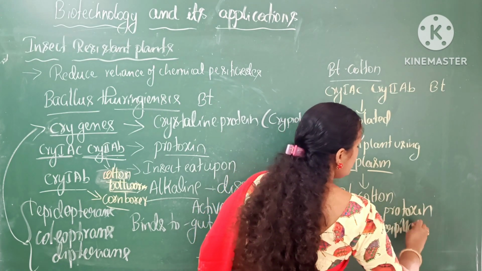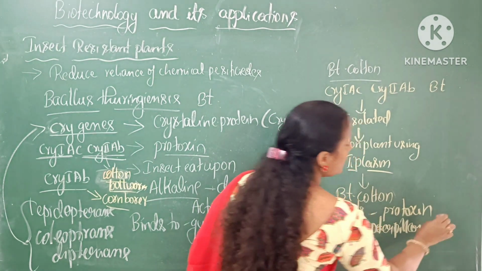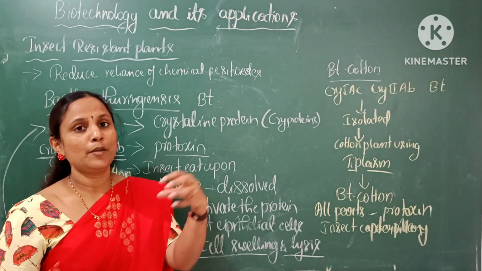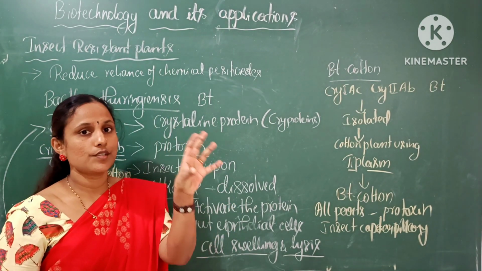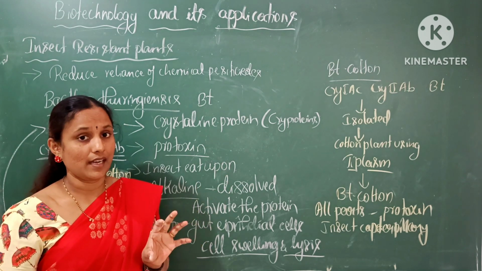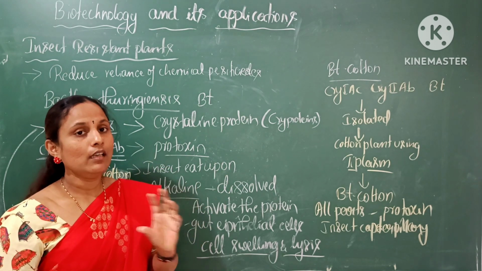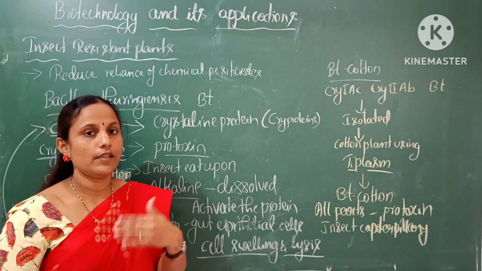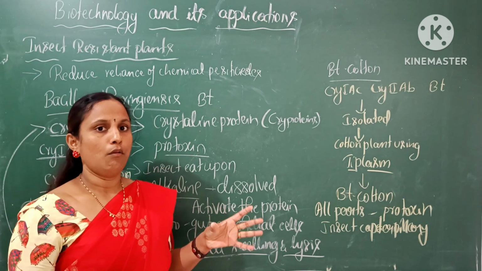Usually the insects will eat the plants when they are at the caterpillar stage. There are various stages of the insect life cycle, that is moth, egg, caterpillar. The caterpillar is the vigorous eater. It will eat the plant and it will grow.